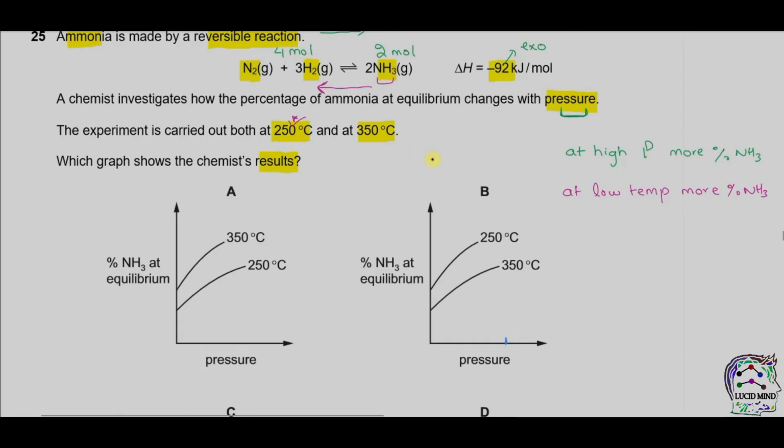Among A and B, we can now see that at lower temperature, more percentage of ammonia should be present. So in this one, at higher temperature, more percentage of ammonia is present, which is wrong. In B, we have more percentage of ammonia at low temperature, which is 250 degrees centigrade. So B seems to be the correct option. Answer is therefore B.